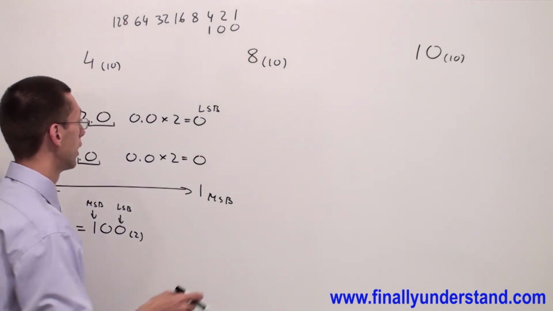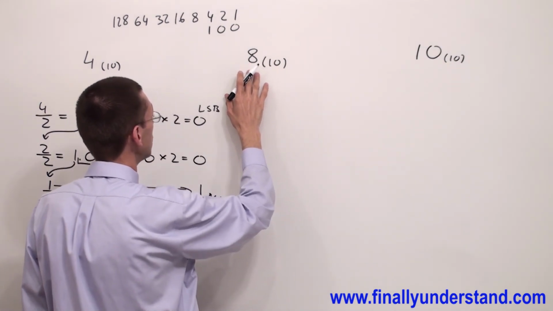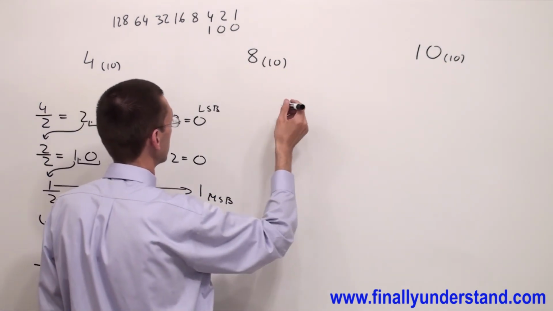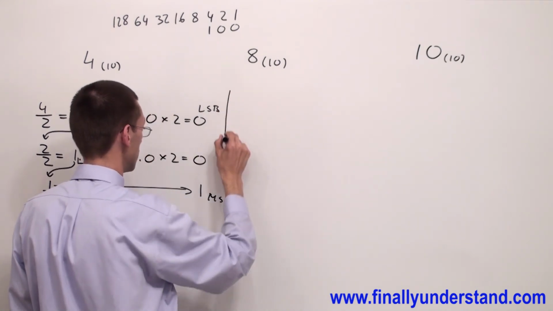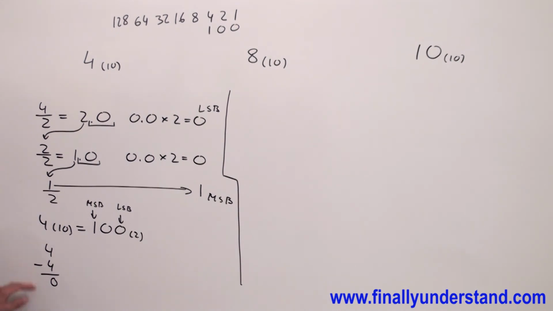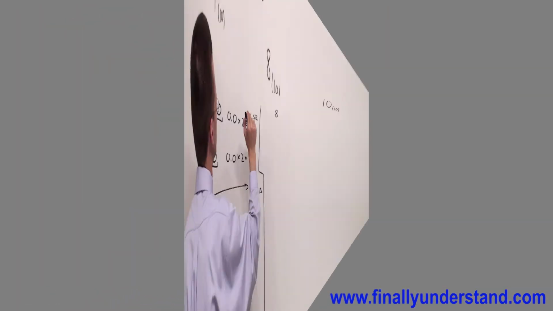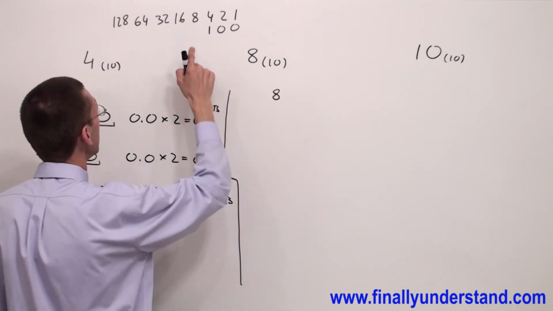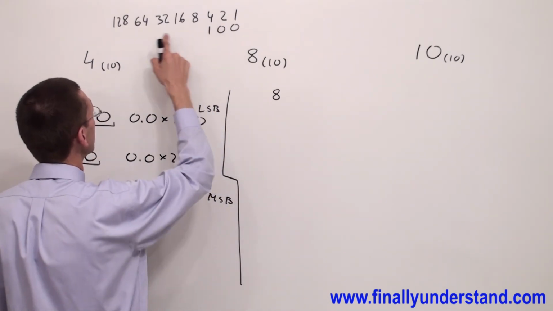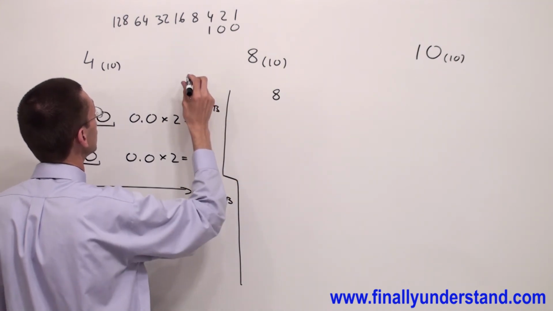Let's take a look at how we are going to convert 8 to binary using this subtraction technique. I have 8. My question is, what is the highest number from this sequence which I can subtract from 8? The answer is 8.